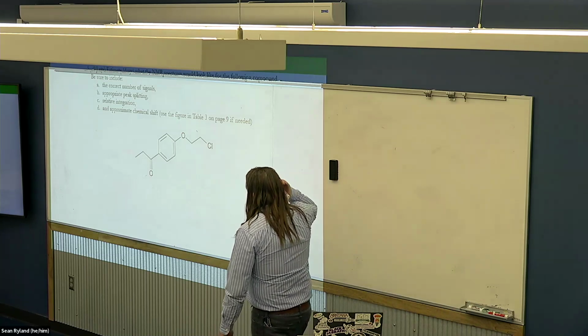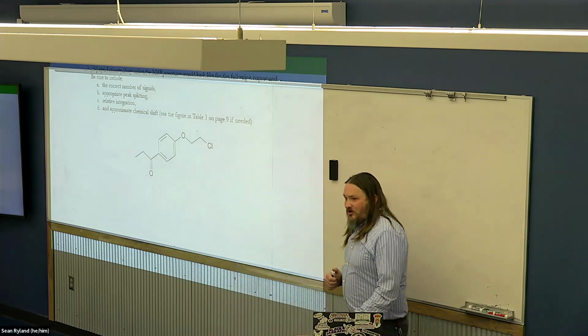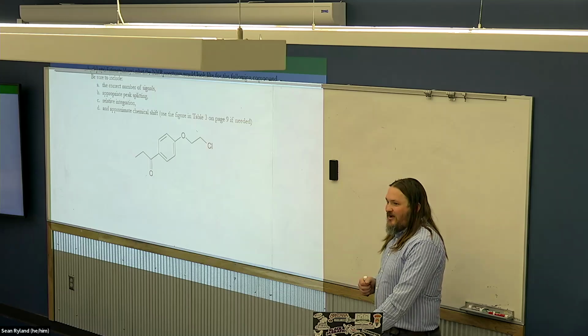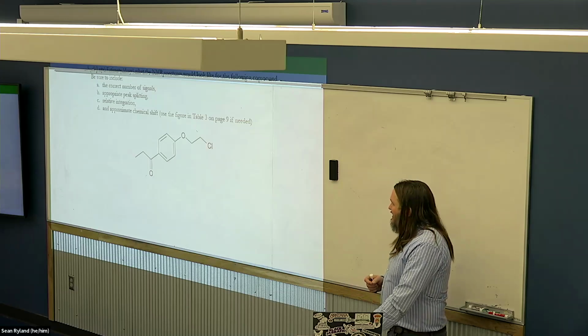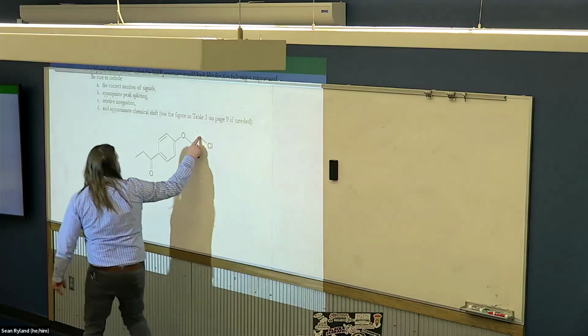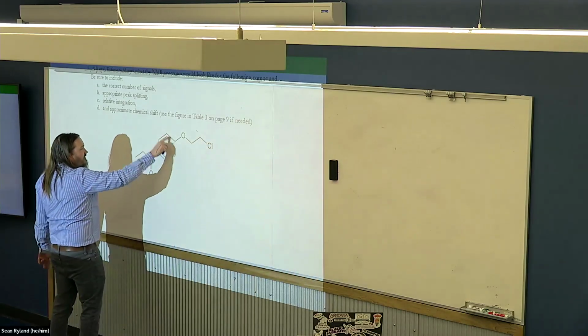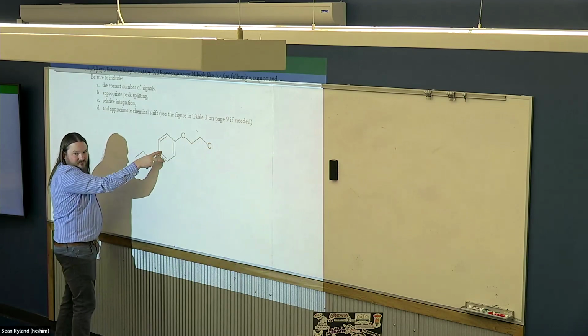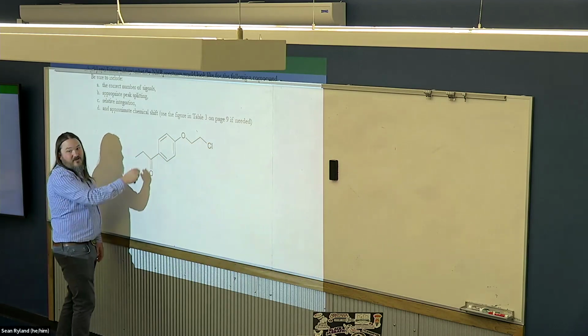This looks like a much more complicated molecule than the practice one, right? But it still doesn't have that many distinct hydrogens. You've got 2 here, 2 here, the aromatic regions, which is only 4, and it's symmetrical.